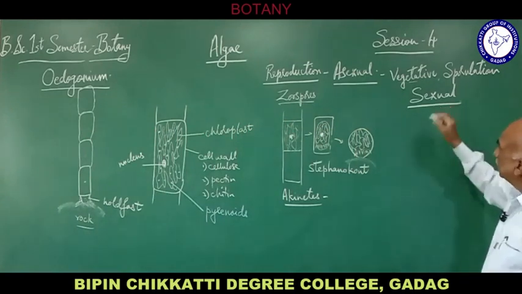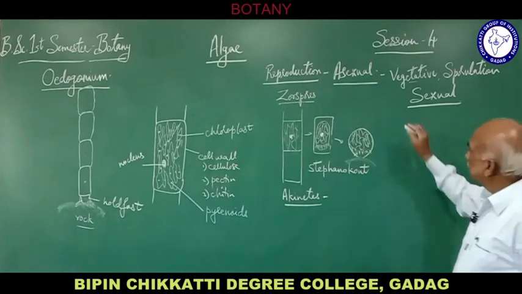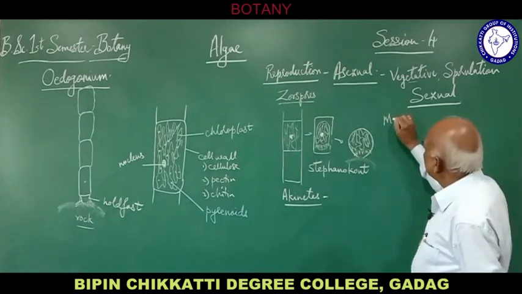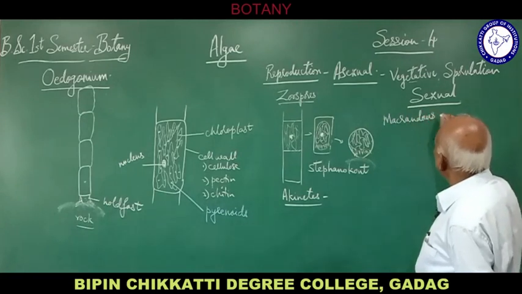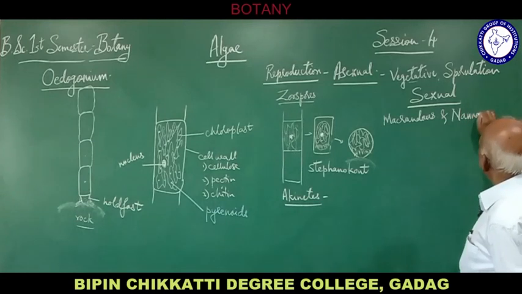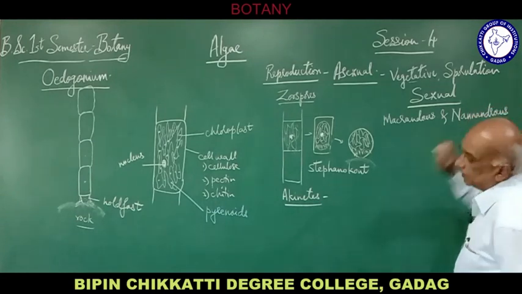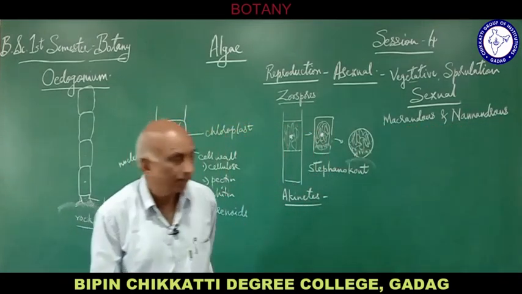The sexual reproduction takes place in Oedogonium. There are two types of species in Oedogonium, macrandrous and nanandrous, depending upon the nature of the sex organs.